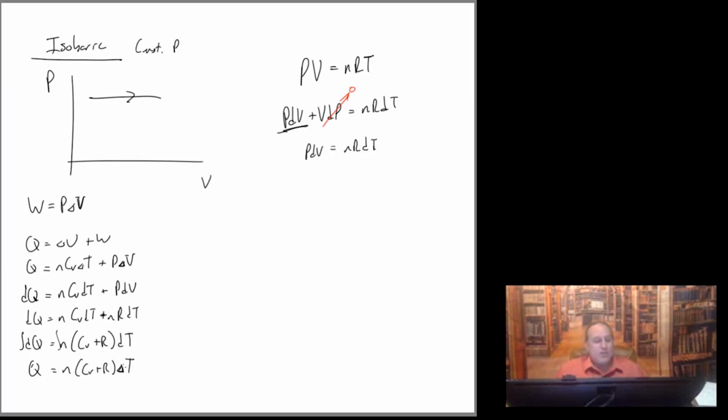So what I did is I used a differential form to see how a change in volume relates to a change in temperature. And this is what happens. P times delta V would be equal to NR times delta T. But I did it in a differential form because we know how to do derivatives.